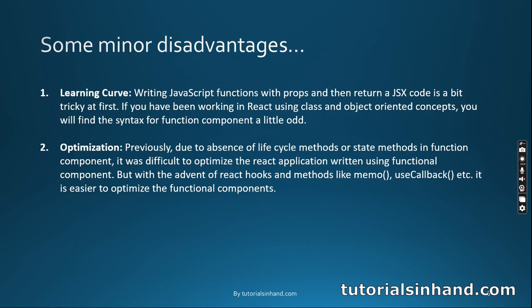The second point is optimization. Previously, due to the absence of lifecycle methods or state methods in function components, it was difficult to optimize a React application written using functional components. But with the advent of React hooks and methods like memo, useCallback, etc., it is easier to optimize functional components. So basically previously what used to happen is in class components there were two concepts. One is React.Component and another one was React.PureComponent. This PureComponent we will discuss in one of our upcoming videos.